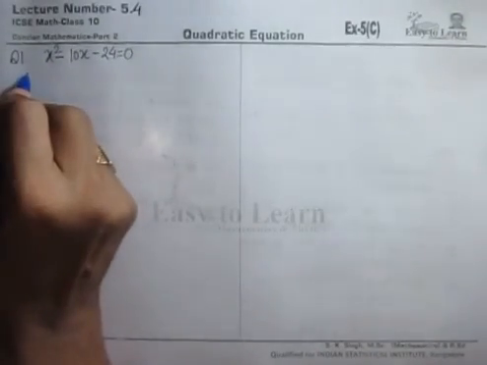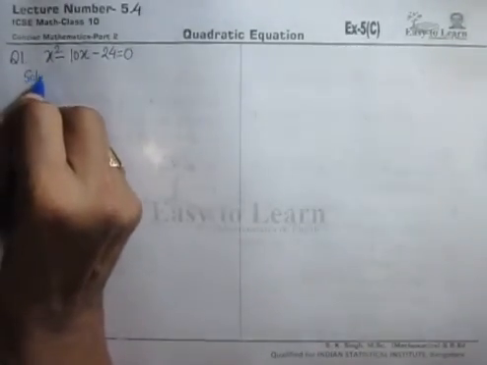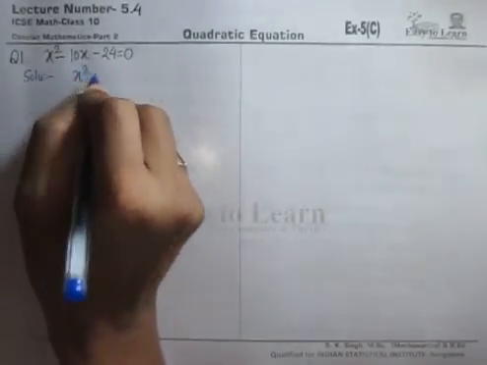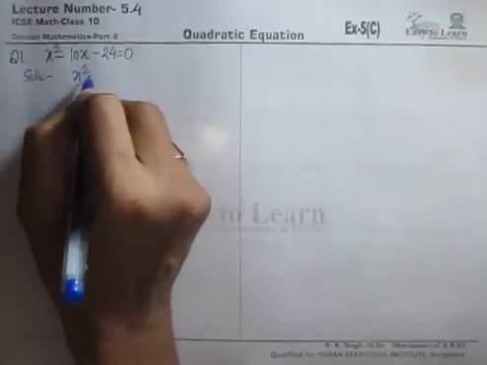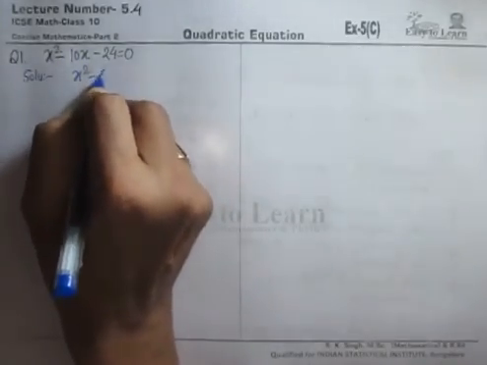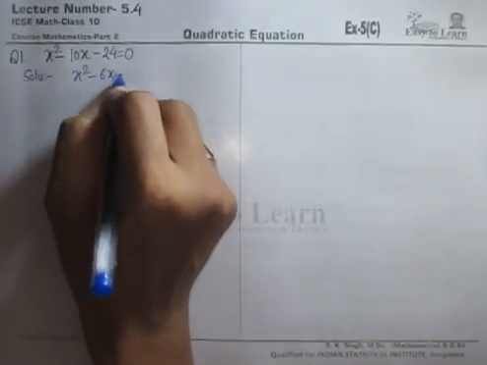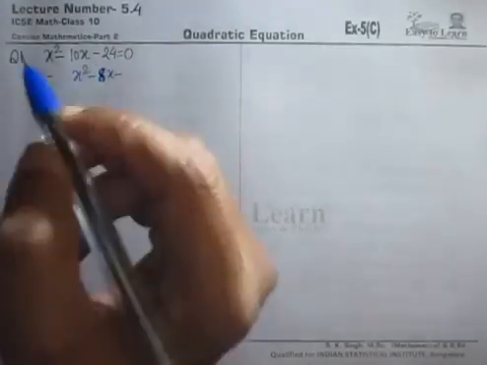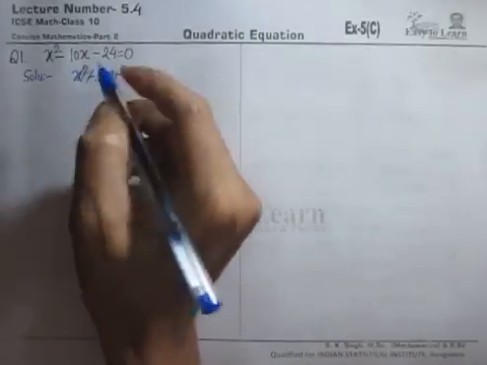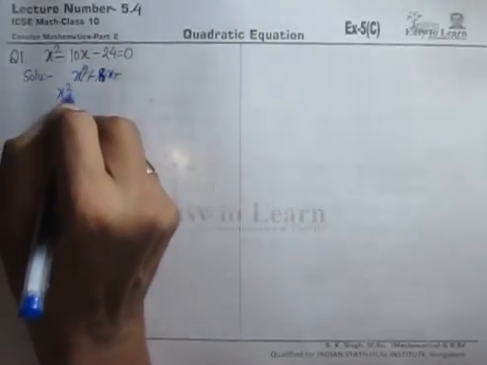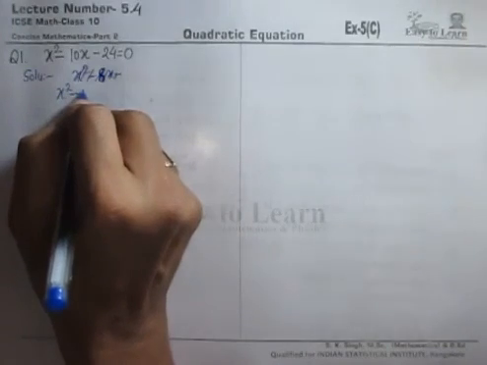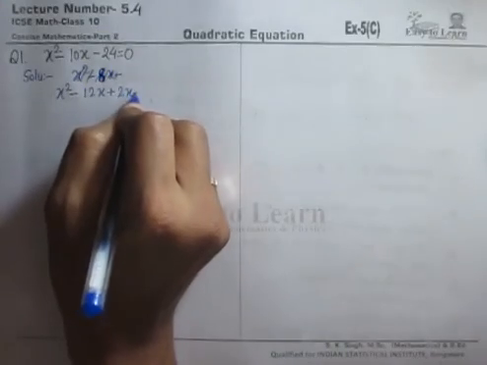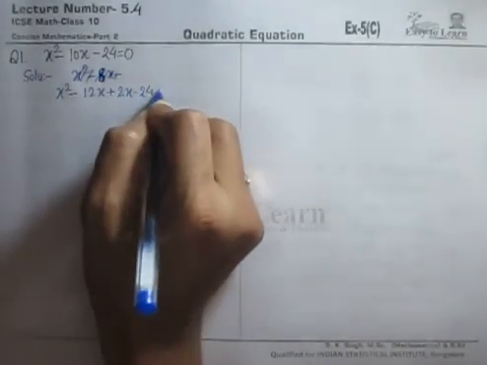So solution is: x square, now split minus 10, so it will be minus 6x minus 8x, not minus 8x, it will be x square minus 12x plus 2x minus 24 equal to 0.